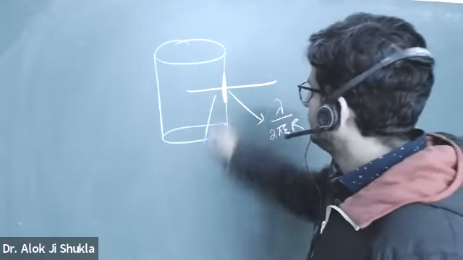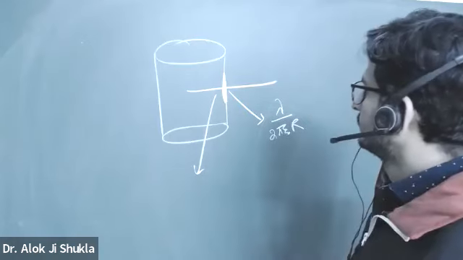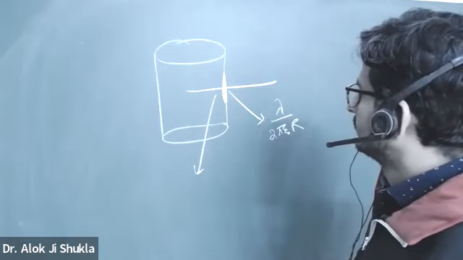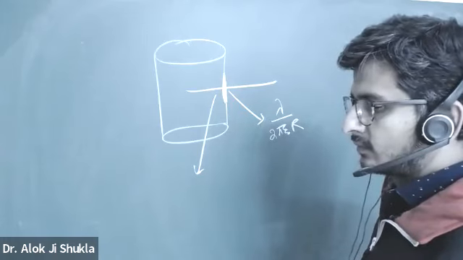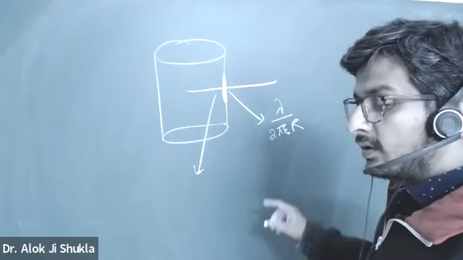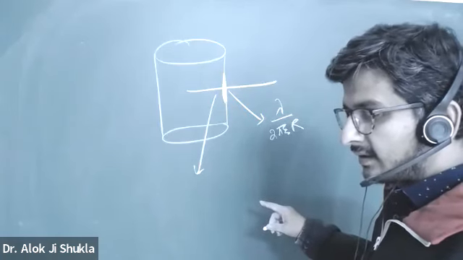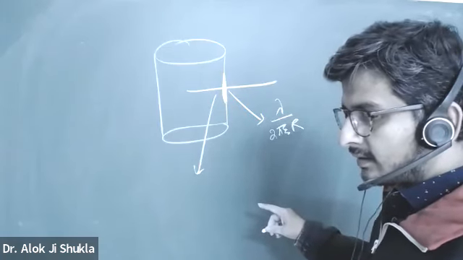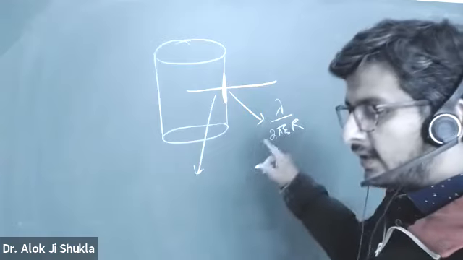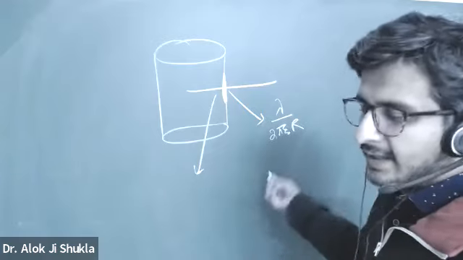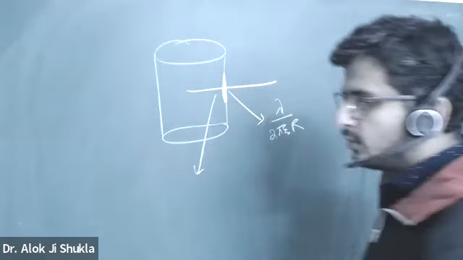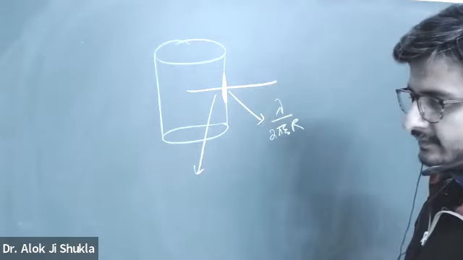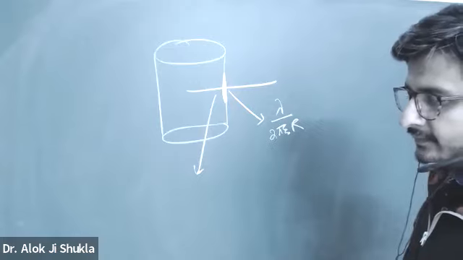What is the field here? No, you are talking about a thin wire. I calculated it for a thin wire, no? So for a thin wire, there is no inside or outside. For this, we will have to do a thick wire. Okay.